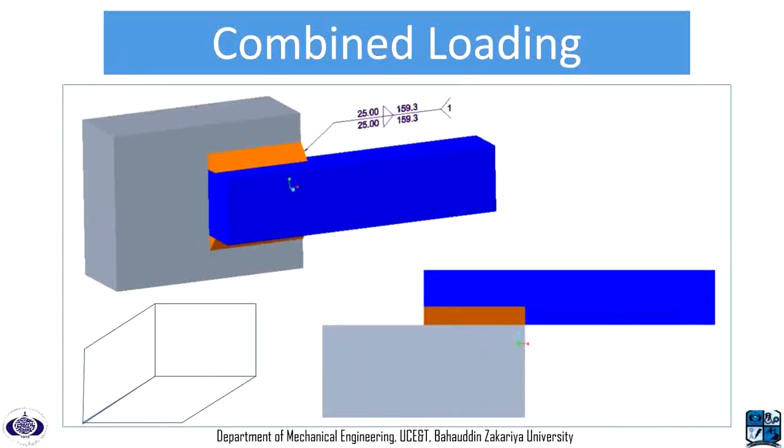Here we have the same example as the last one, but now we have this part in its side view. And the load is applied in this direction now. From this figure we know that the weld profile is in the top plane, so we are going to draw the weld profile here.